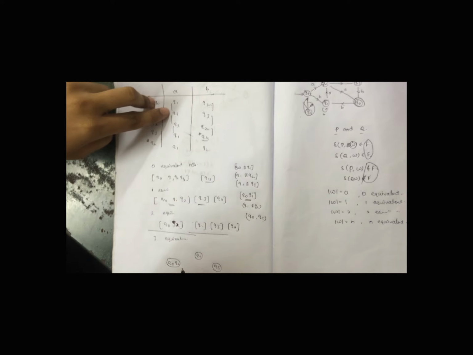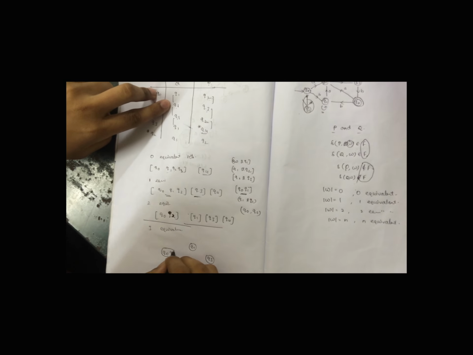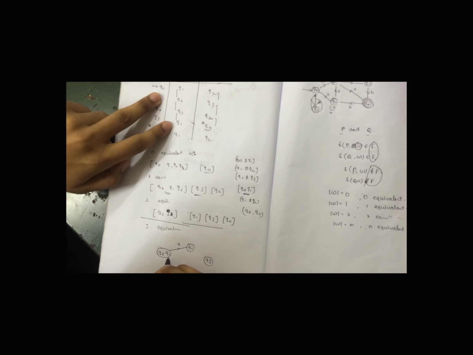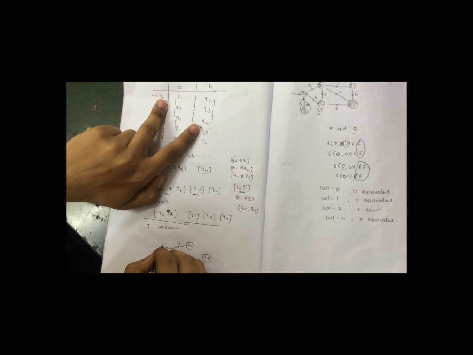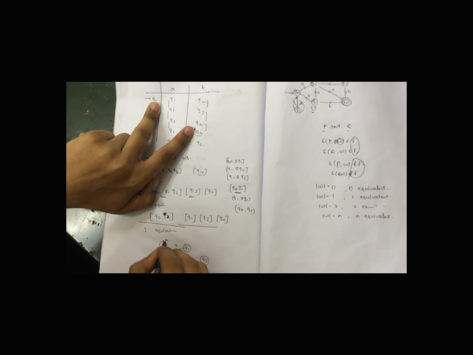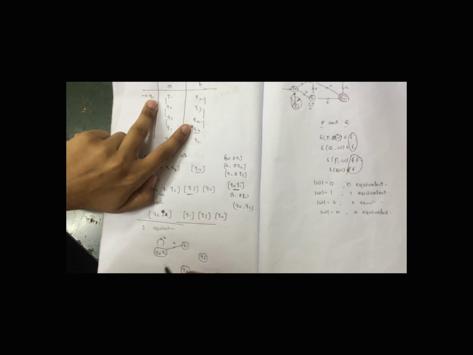Q0 on giving A input is going to Q1, and Q0 on giving B is going to Q2. So on giving B, it is going to the same transition state.